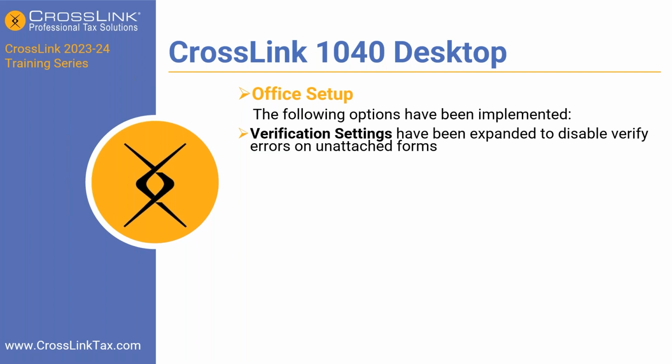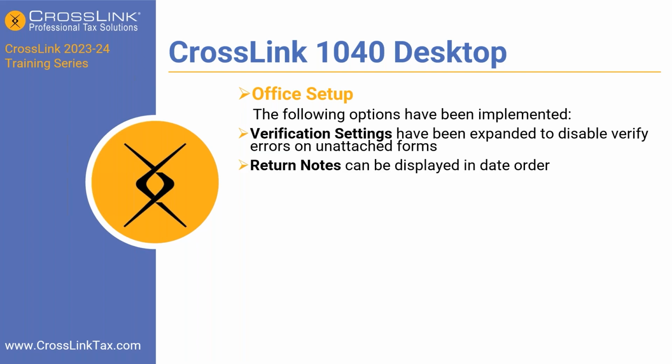Verification settings has been expanded to disable verify errors on unattached forms. What that means is within the verification settings, you will be able to click this box so that verify does not come up with these errors on unattached forms, such as the Schedule A. The Schedule A is not mandatory, so it will not come up in verify.